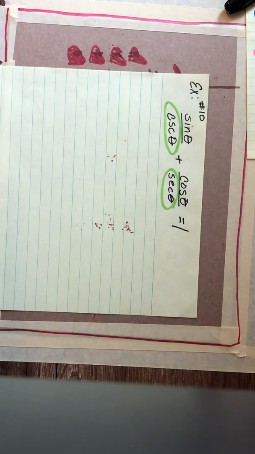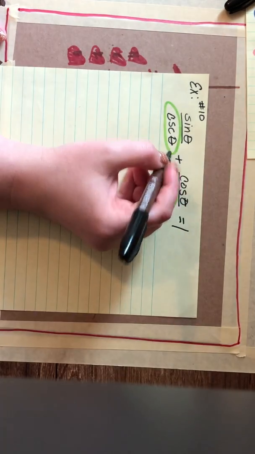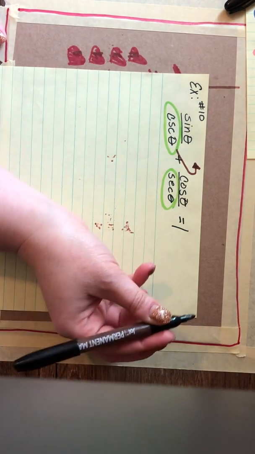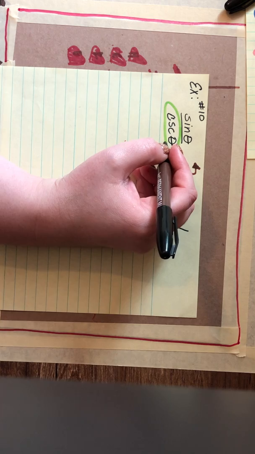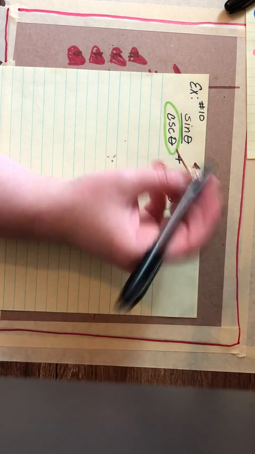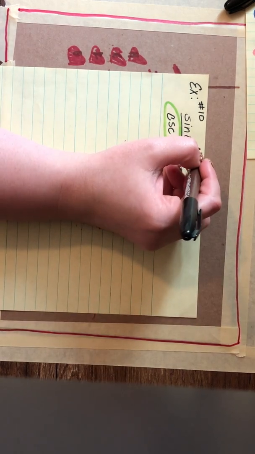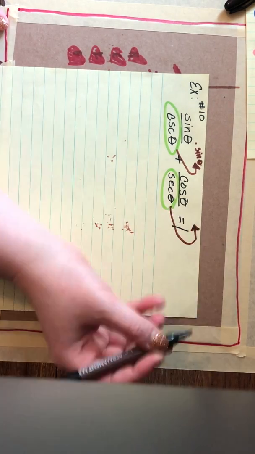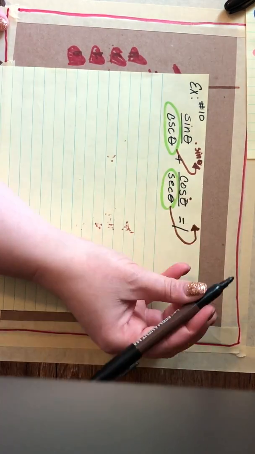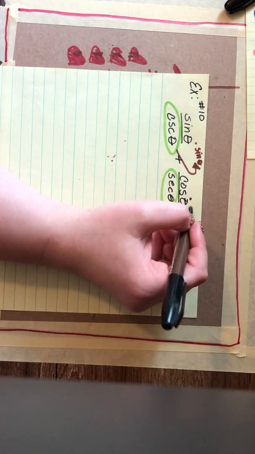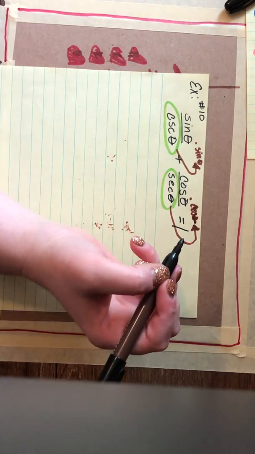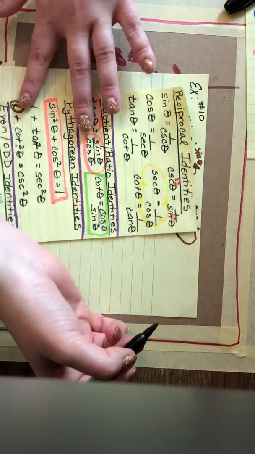So same thing here. I have this cosecant, but I can pull it up as its reciprocal and multiply it. So its reciprocal is sine. And I can take this secant and pull it up as its reciprocal and multiply it. The reciprocal of secant is cosine. Or if you forgot, here are our reciprocals.